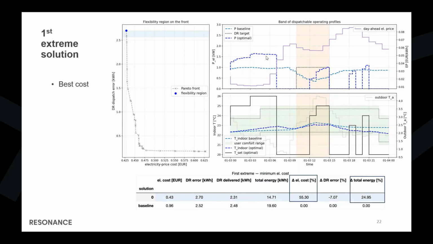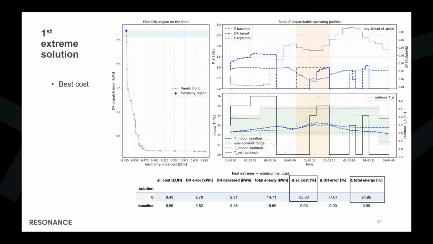Looking at the pattern of the consumption, we can see that the optimizer for this solution pushes the power consumption, the heating, during this region of the low electricity cost, right? Then it also tries to increase the heating during this valley. These activations here happen because of the thermal comfort. We can see that here the temperature starts to violate this thermal comfort bound defined here with the green region.